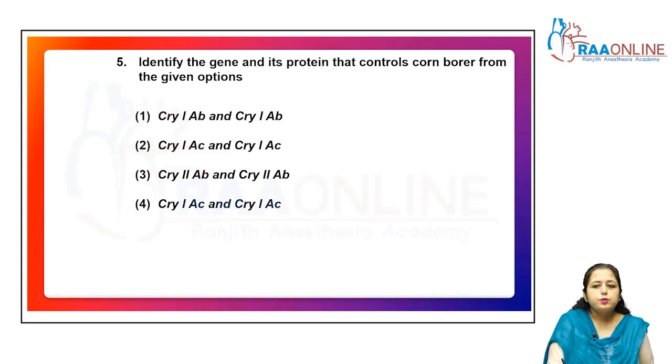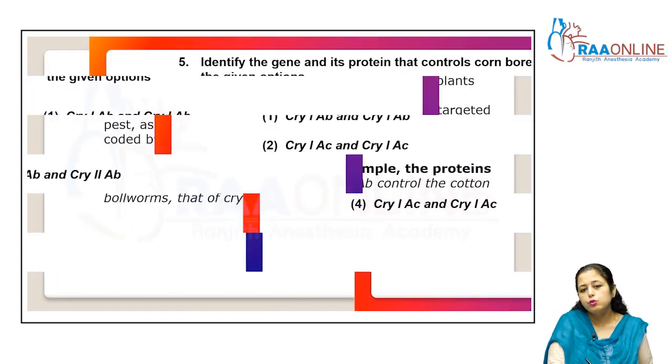Identify the gene whose protein controls the corn borer from the given options. Corn borer and cotton bollworm, there are two. The corn borer is controlled by cry1AB, that is the cry gene.